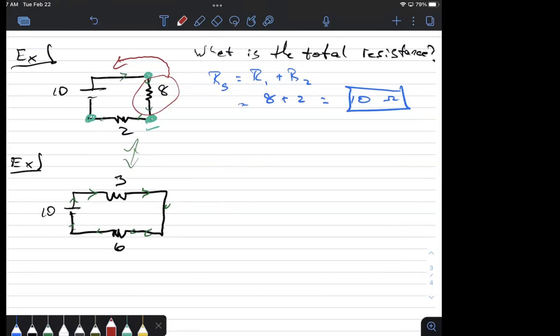And remember, the thing about circuit diagrams is it's not literally what you see on a circuit, okay? It's just a representation, it's symbolic.